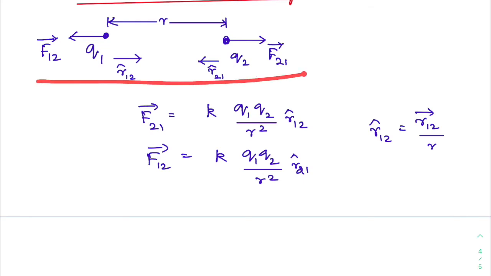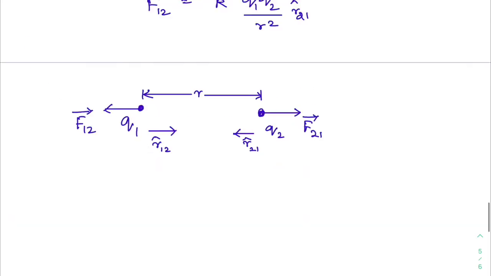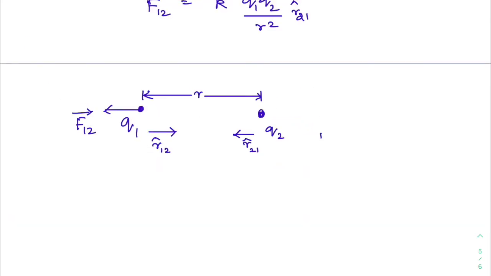This is what we have found out for the repulsive force. Suppose the same case occurs for an attractive force, which means for unlike charges, then the same conditions can be rearranged like this.